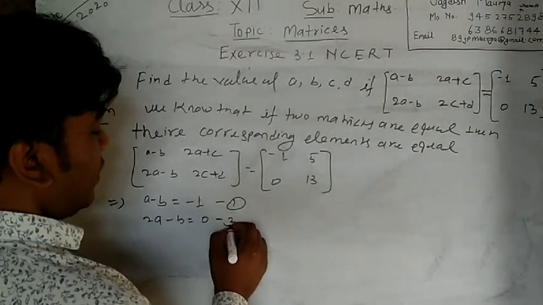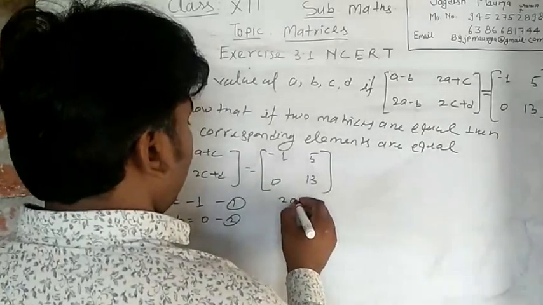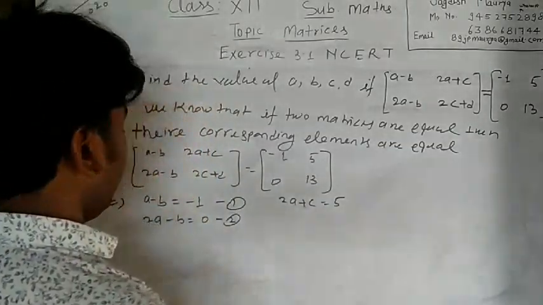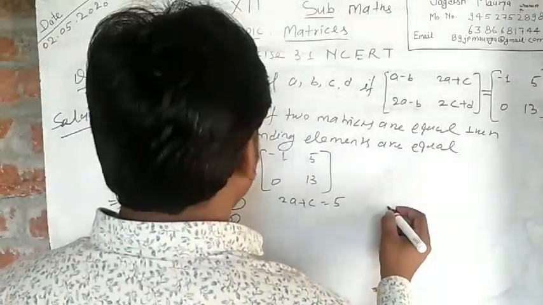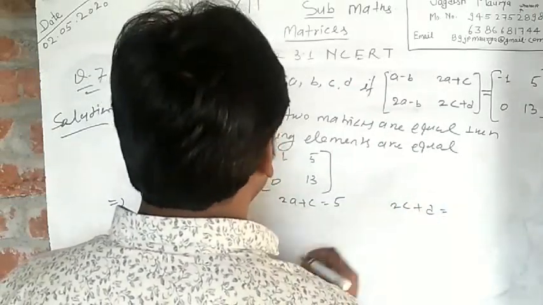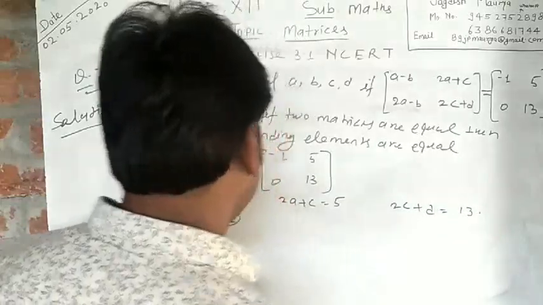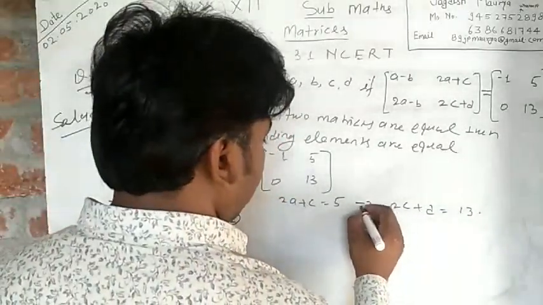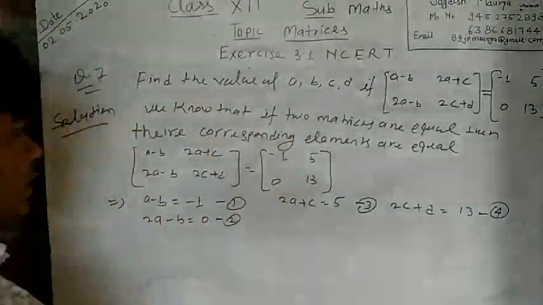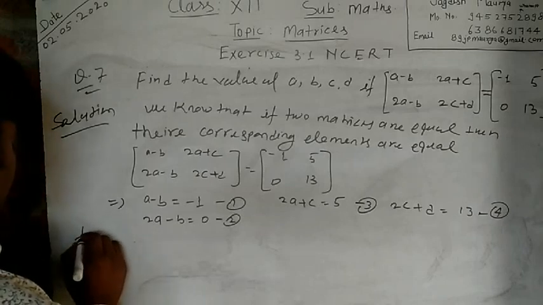This is equation number 2. 2a plus c equals 5, this is equation number 3, and 2c plus d equals 13. This is equation number 4. First we solve equations 1 and 2.